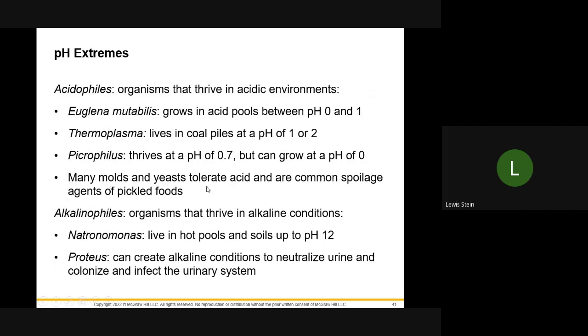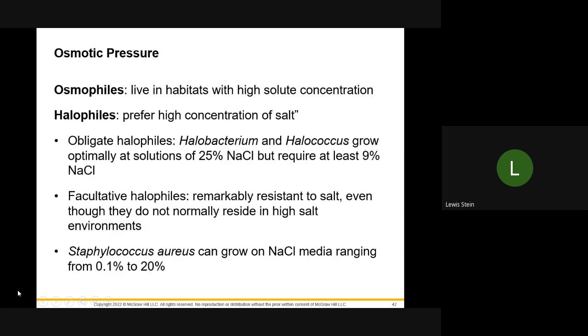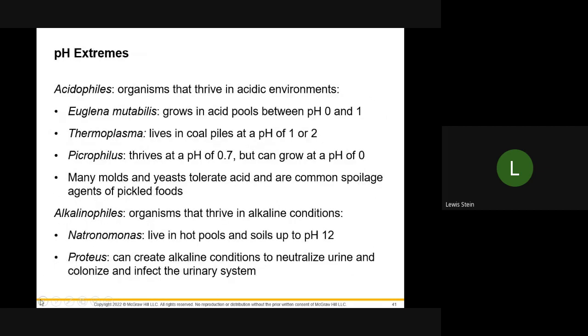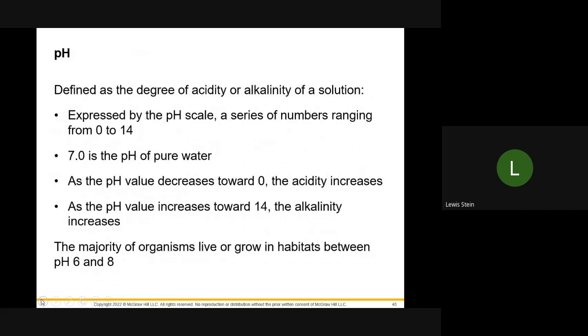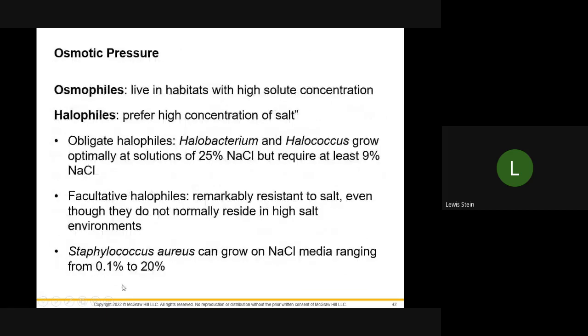There are some odd bacteria that are there. Proteus can create those conditions. We do deal with Proteus, but Proteus can still grow fairly easily in varied pH environments. So they don't have the term there, and they should, unless I missed it. We call them neutrophiles. I think that's the one to remember.